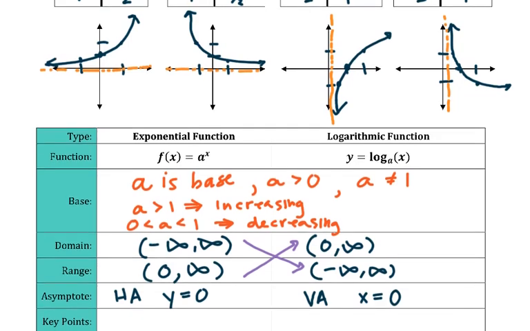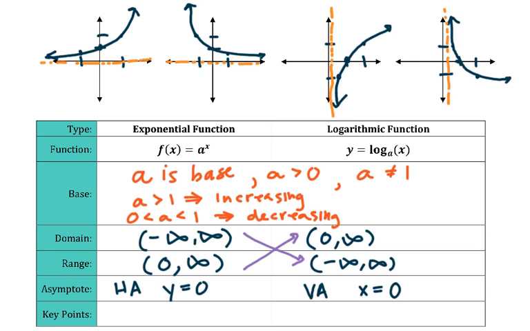And then we've got some basic key points that we talk about. So for exponential graphs, we have -1, 1 over a, 0, 1, and then 1, a.